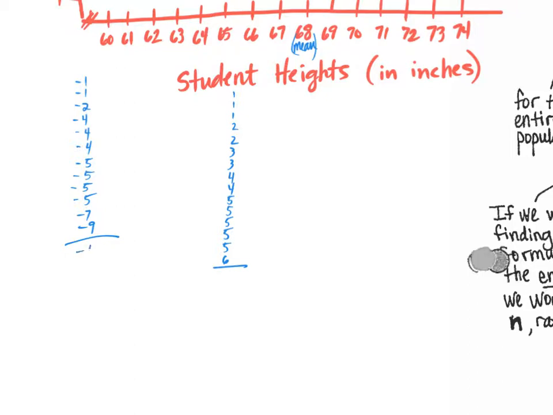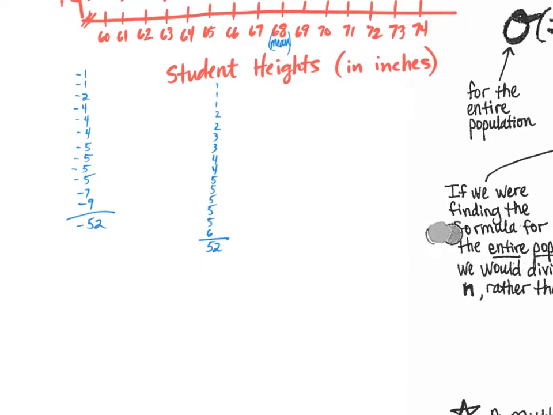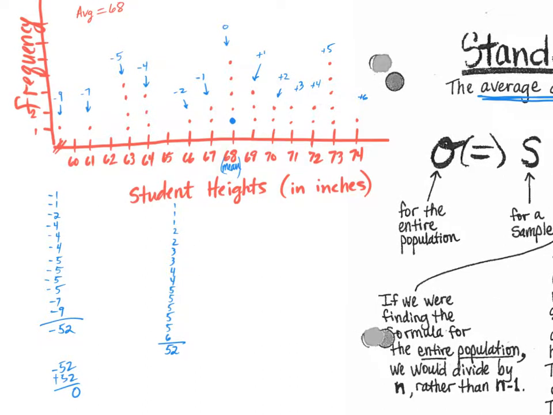This one's -52, and guess what this other one over here is? +52. So if I wanted to add all of these up, and I added, of course, my -52 plus my +52, what does that get me? 0. And that would essentially say 0 divided by 32 is 0. So that would say the average distance from the mean is 0.